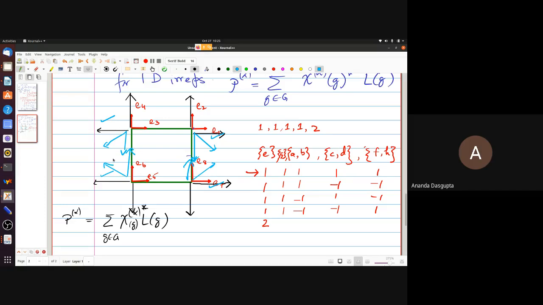So can anybody tell me what the molecule will look like while it's vibrating this way? Rectangular. Yeah, it will essentially be a distortion mode. The square becomes a rectangle, elongated along the x-axis as it's being drawn now.